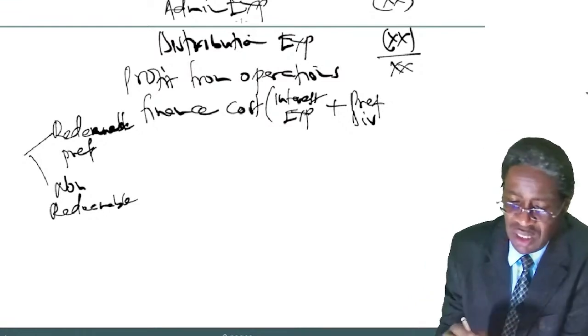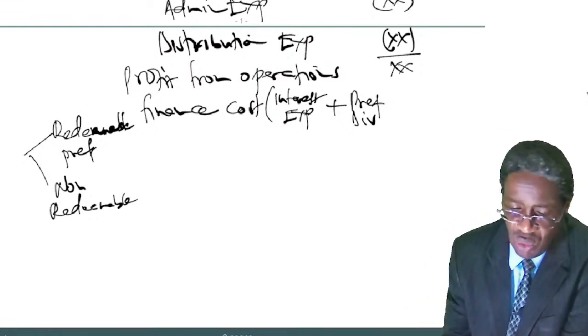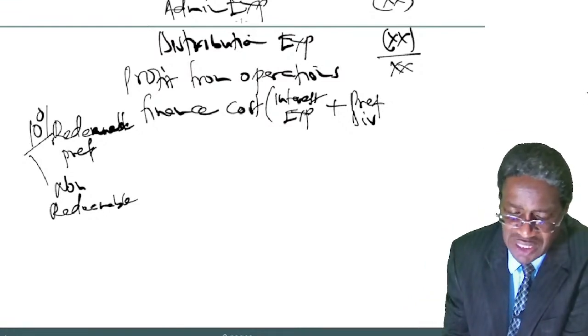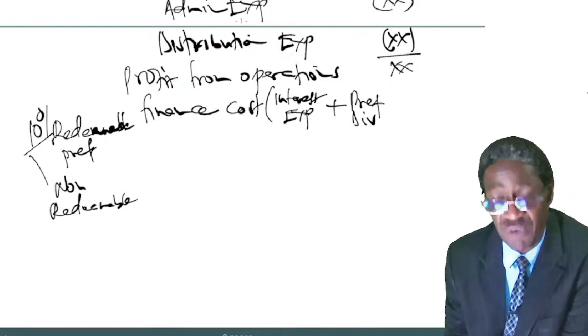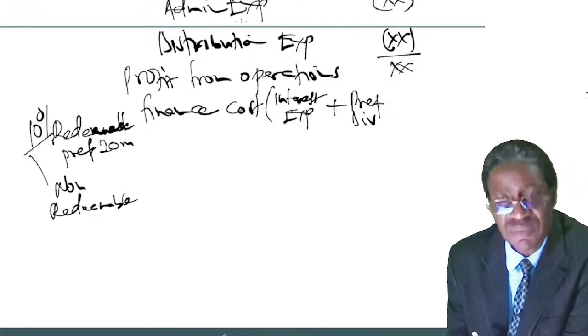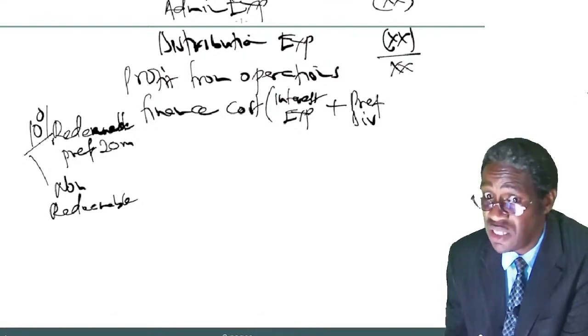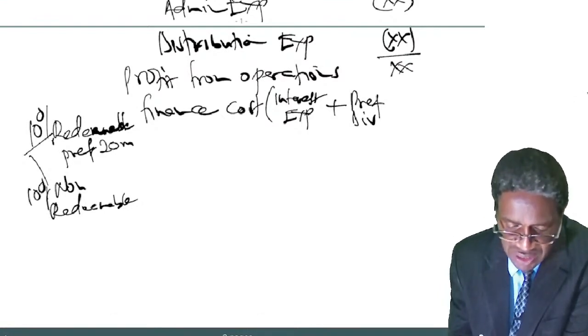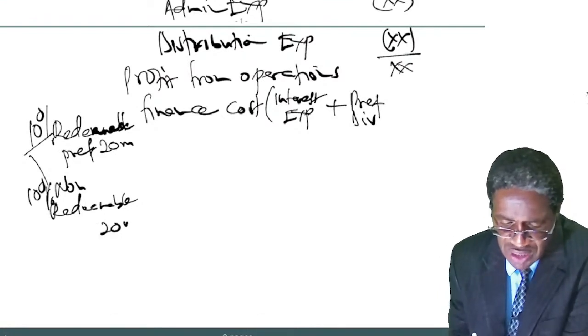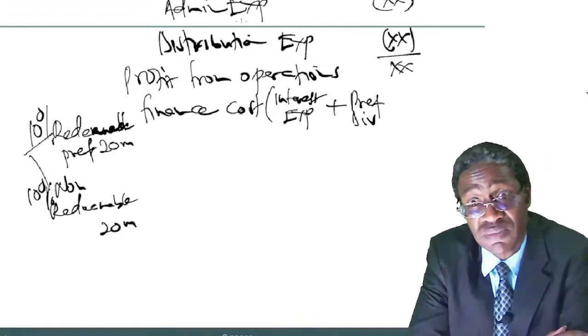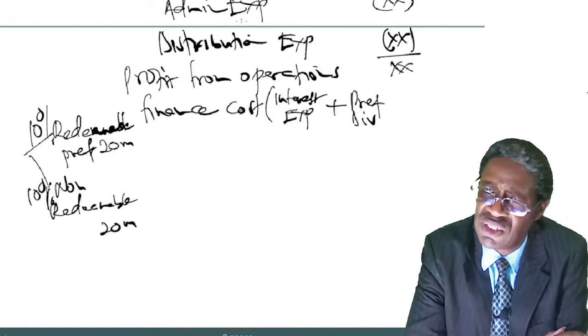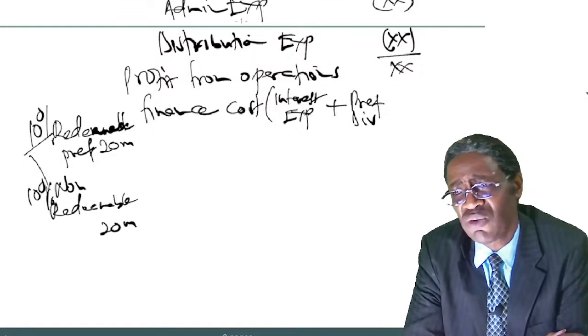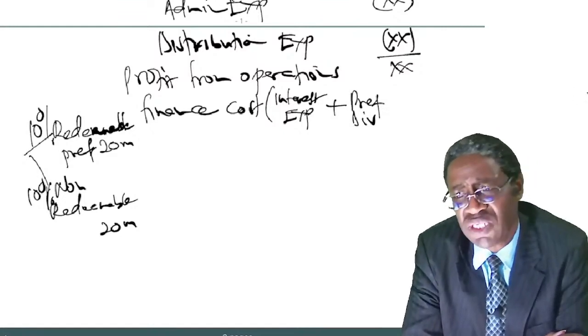Listen, assuming we have two companies, one company issued a 10% redeemable preference share worth 20 million. Another company B issued a 10% non-redeemable preference shares, again worth 20 million. These two companies will still pay their shareholders a dividend of 2 million, 10% of 20.